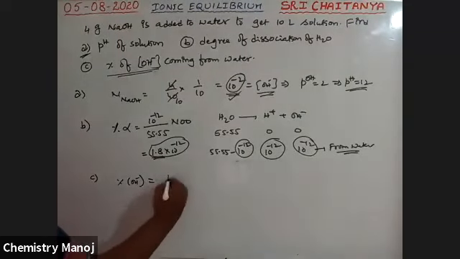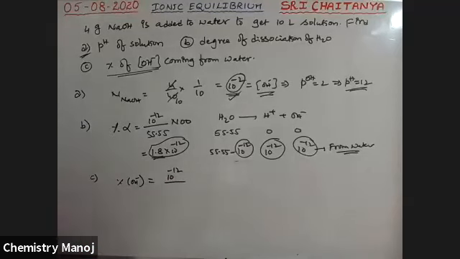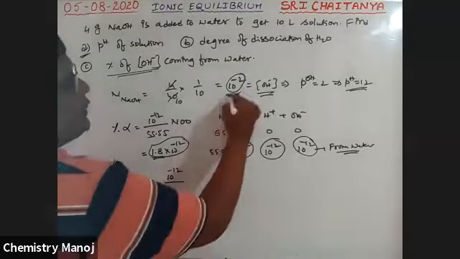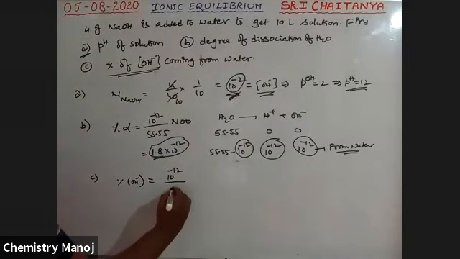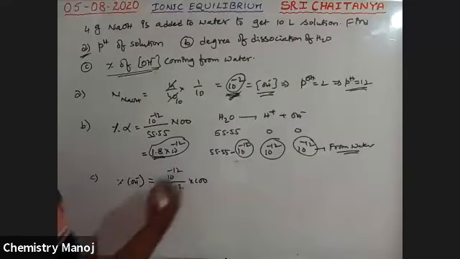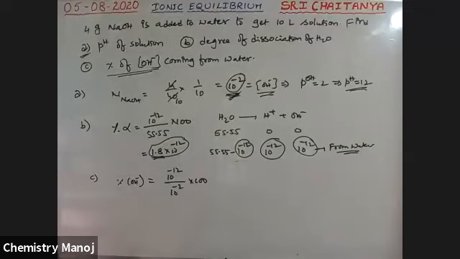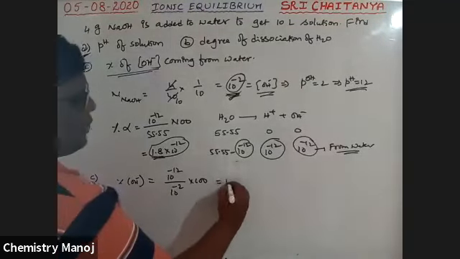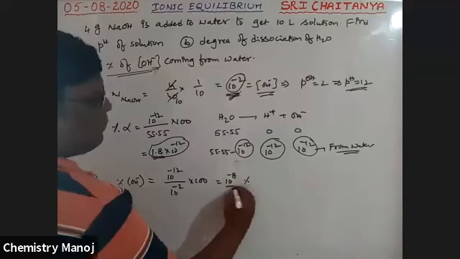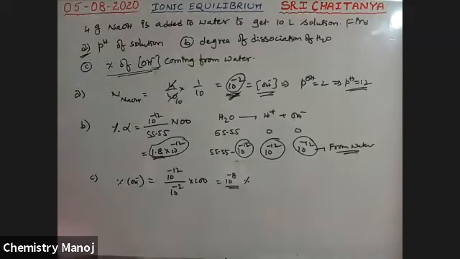So 10 power minus 12 is from water, divided by the total, which is this much, so 10 power minus 12 into 100. Minus 12 minus 10, that is 10 power minus 8 percent.